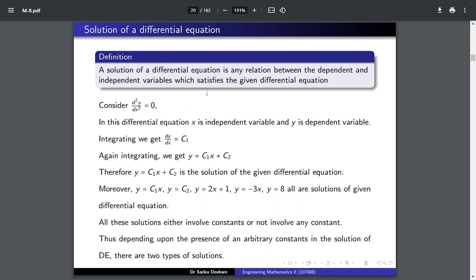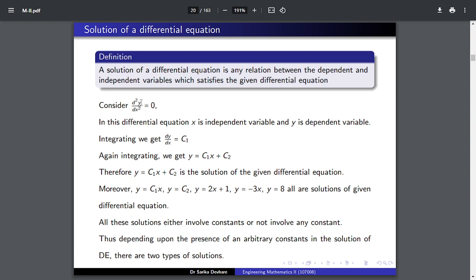A solution of a differential equation is any relation between the dependent and independent variable which satisfies the given differential equation. Now again there are two subtypes, general solution and particular solution. We'll see this concept by using an example, so that it will be more clear to you.